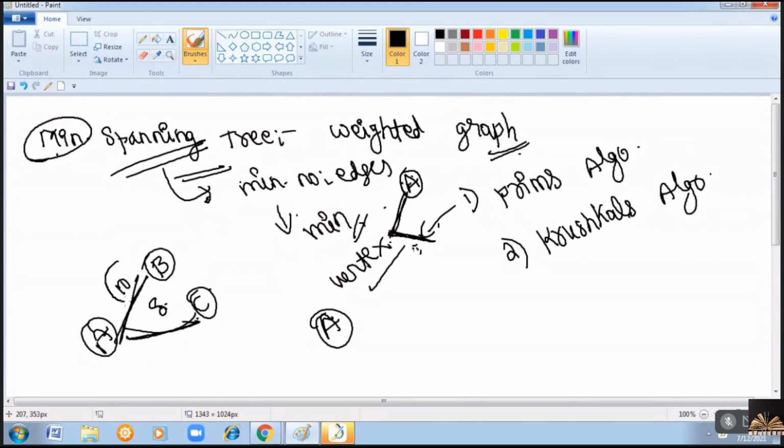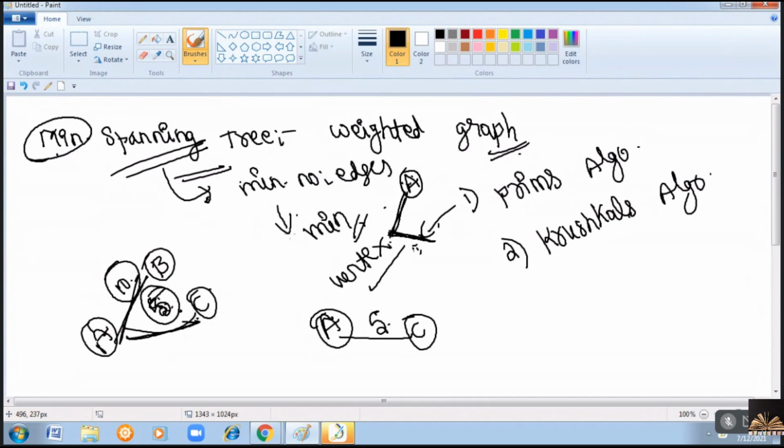One can be reached with an edge weight of 10, one can be reached with an edge weight of 5. Among 10 and 5, which is minimum? 5. So you have to consider this edge A to C, right? And this is to be repeated until all the vertices are visited. Why? Because spanning tree means all the vertices should be visited, right?